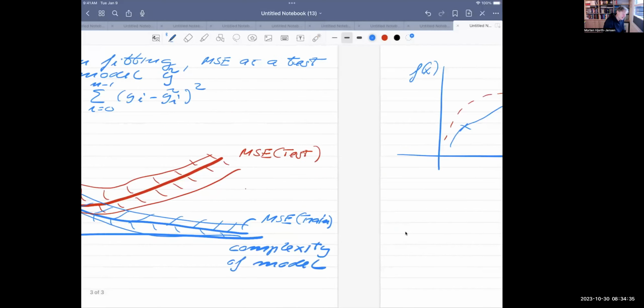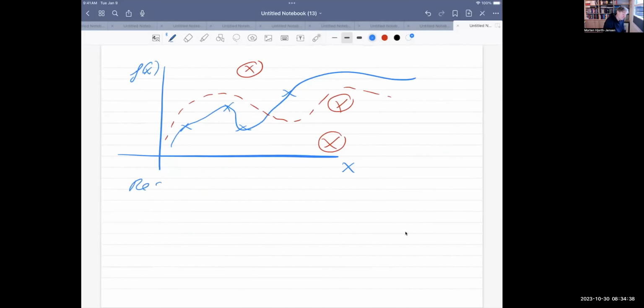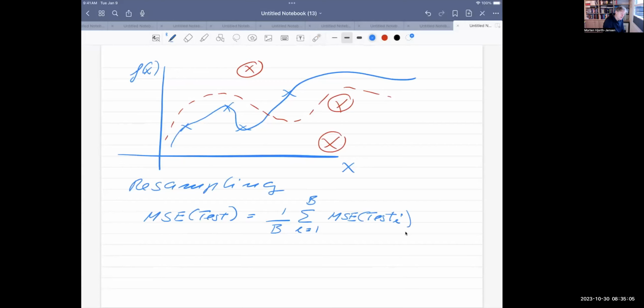When you do the resampling, that means that you would perform a calculation of the final MSE, and suppose we're doing that for test. You would do that B times by resampling your data. So you would sum from 1 up to B, and for each one of these, MSE test, and we're going to put a subscript i here to indicate that we are performing a specific experiment.